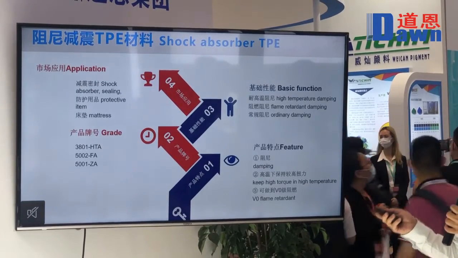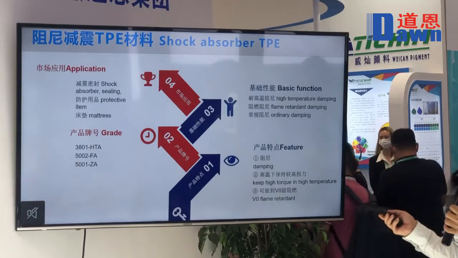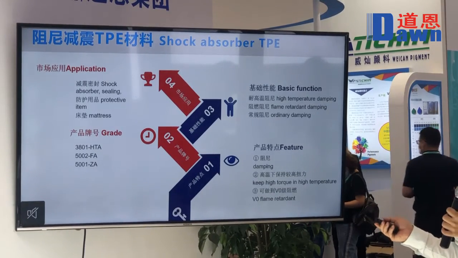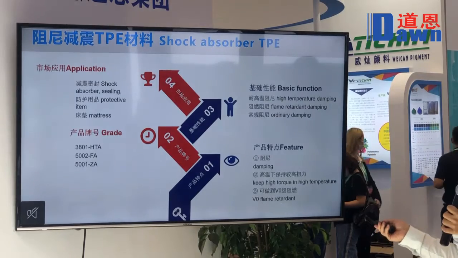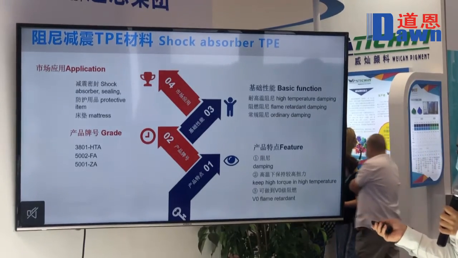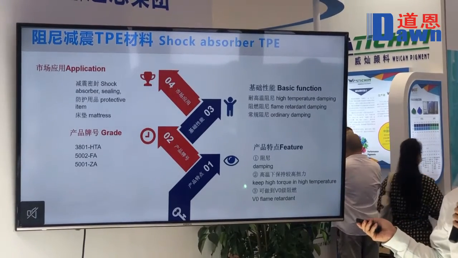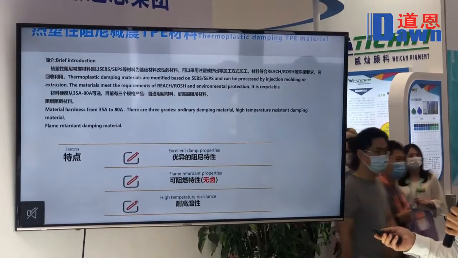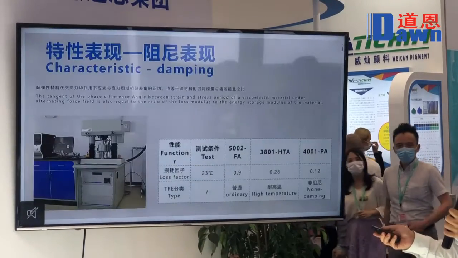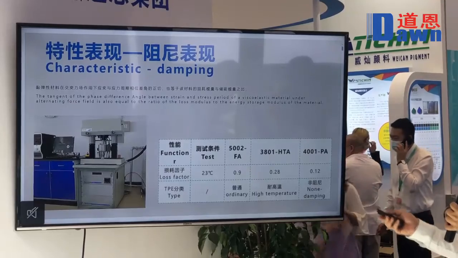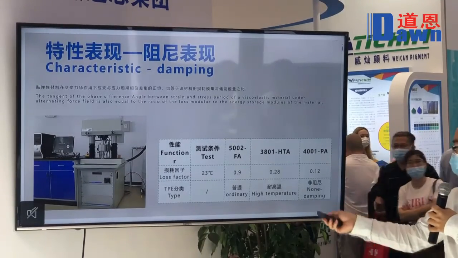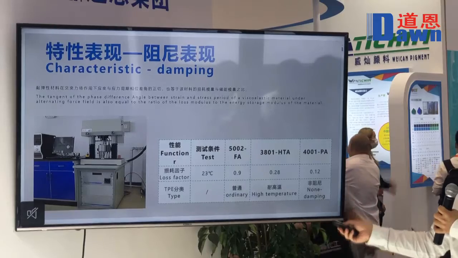Especially even more, it can be designed to improve the flame retardant level. This is the characteristic of this dampening. The highest loss factor can be 0.9, but our material can be 0.1. The dampening factor has good quality.